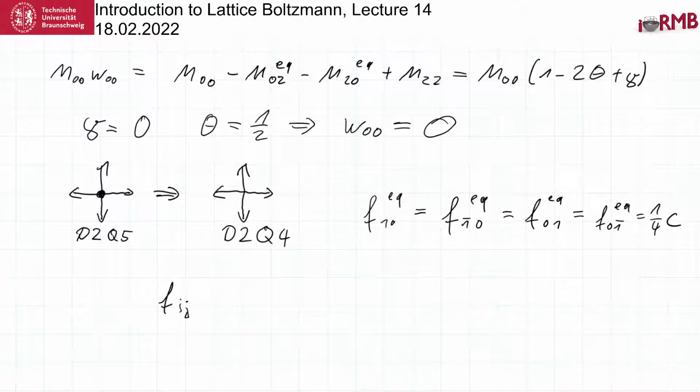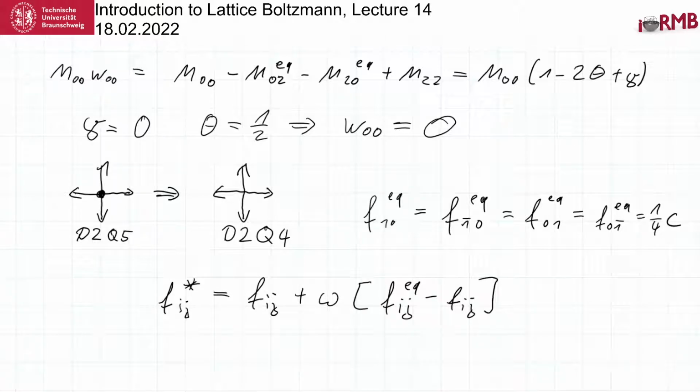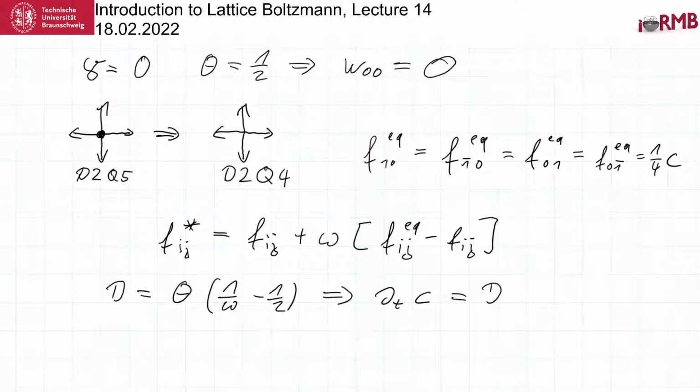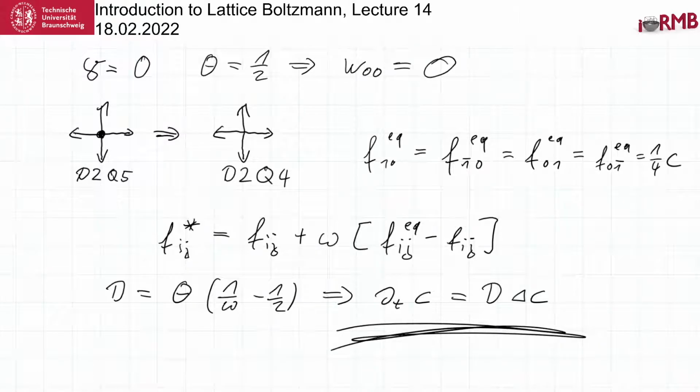We have Fij post-collision equal to Fij pre-collision plus omega times Fij equilibrium minus Fij, together with D equal to theta times (1 over omega minus 1/2). So this leads to dtC equal to D Laplace C. So this is the solution of our problem.